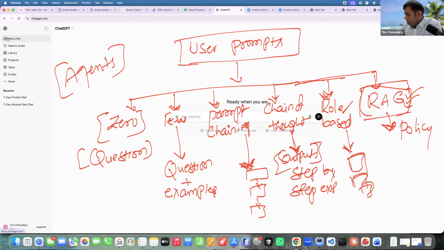Or maybe some additional information with regards to guardrails, rules and regulations, right? And it could be some sort of other internal documents or knowledge repository, right? So broadly, these are the different types of user prompts. I'd like to take a pause here to hear any questions from you.